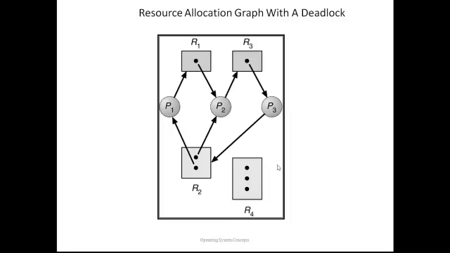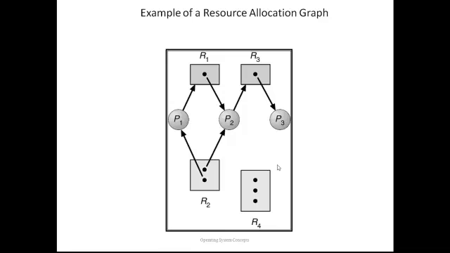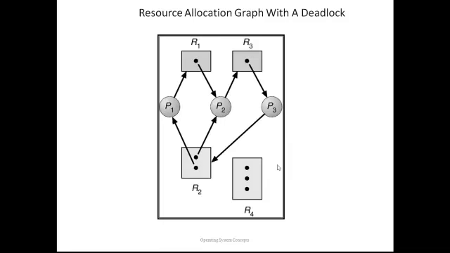Now we'll look at a deadlock situation. From this graph, we'll find how a deadlock is created. The same 4 types of resources with different instances and three processes are present.